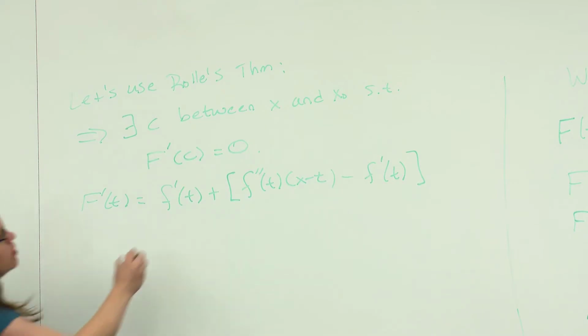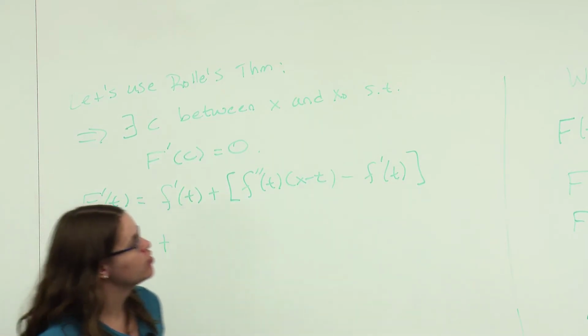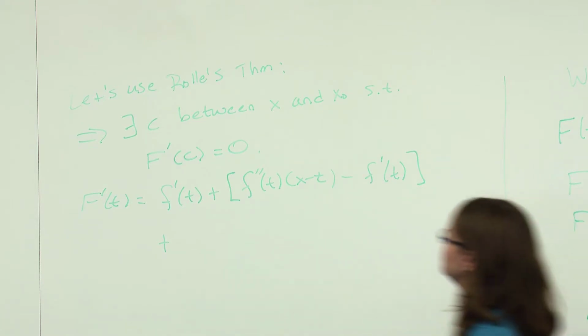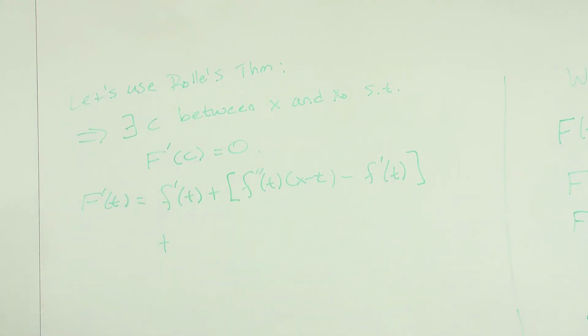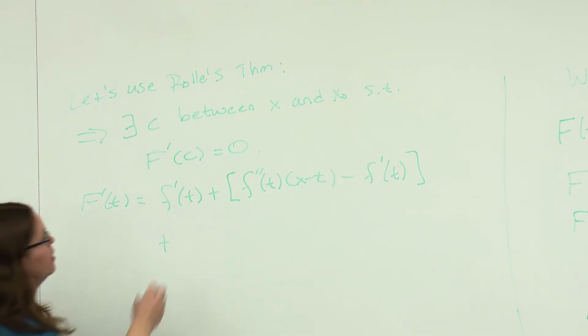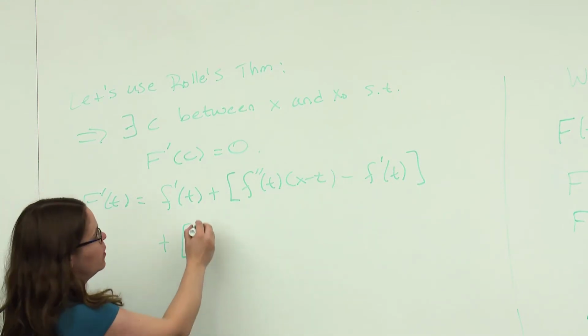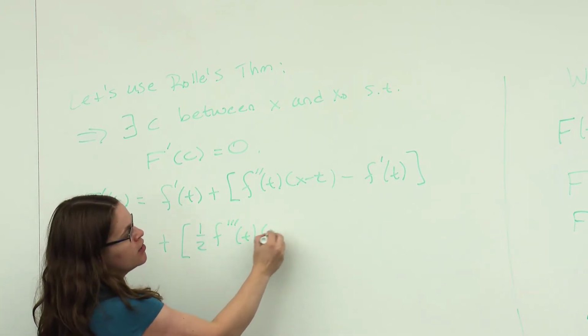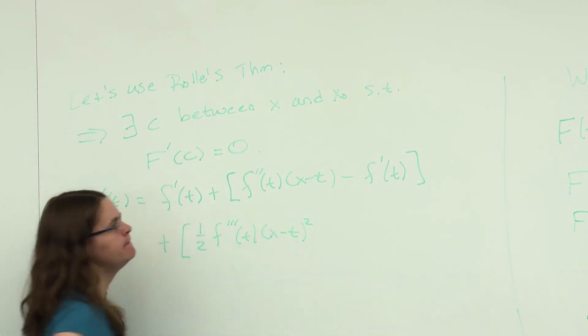Okay, let's go a little more. So the next term that I would have had in here was, remember, 1/2 f double prime x minus t squared. I just write that there so that we can take the derivative more easily. Okay, so what am I going to have here? Again, I'm going to have something like a 1/2 f triple prime, and x minus t squared stays the same.